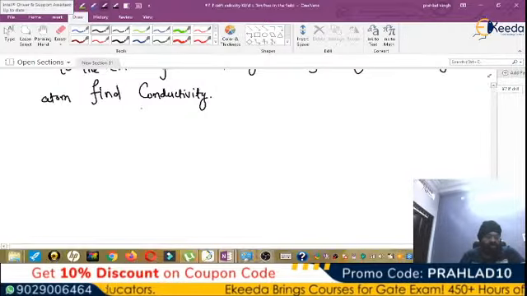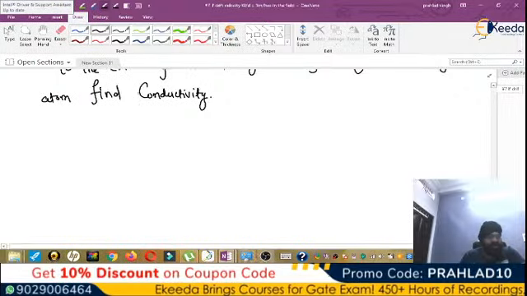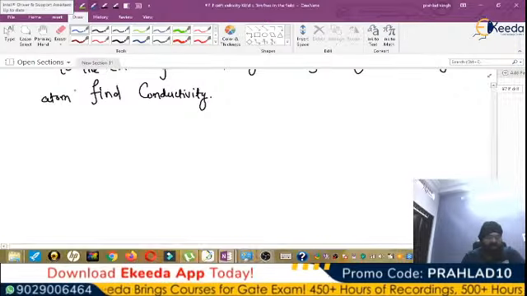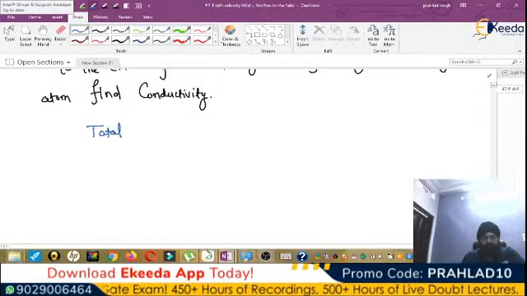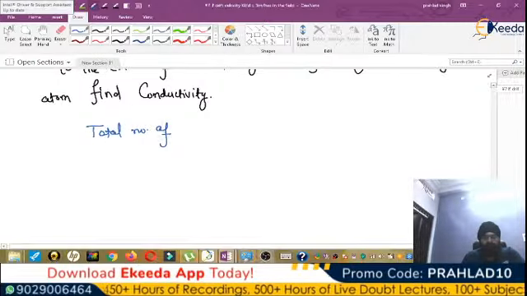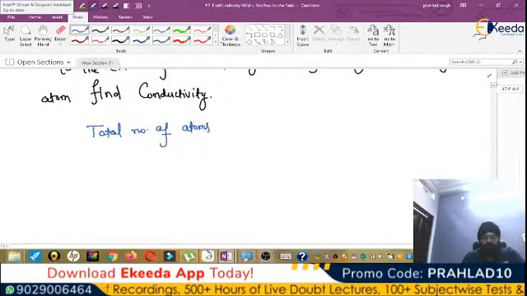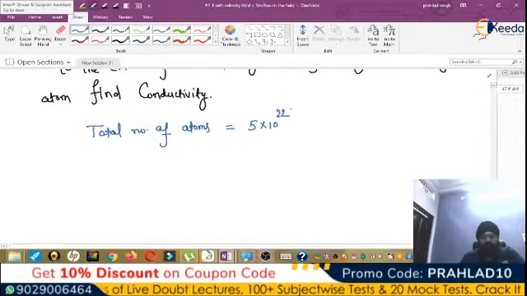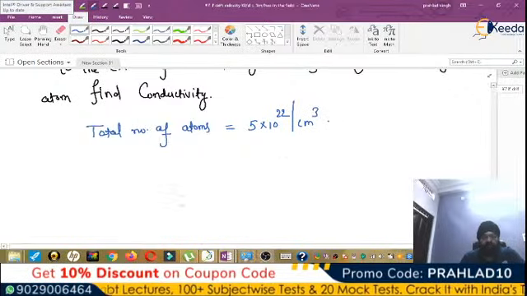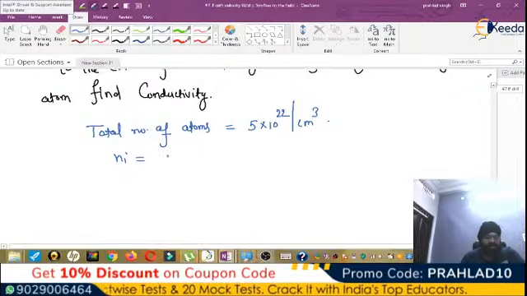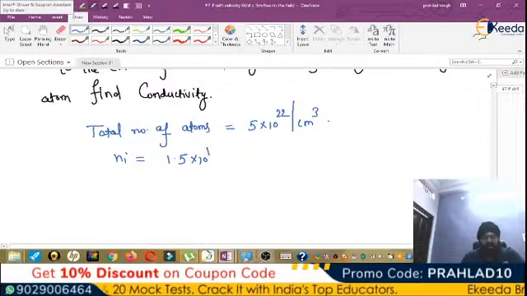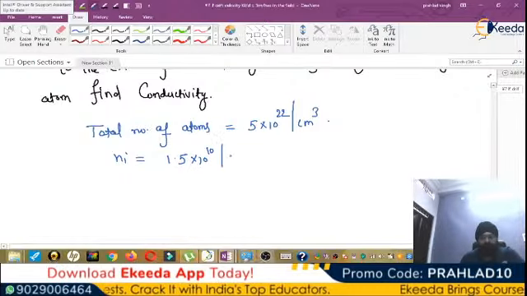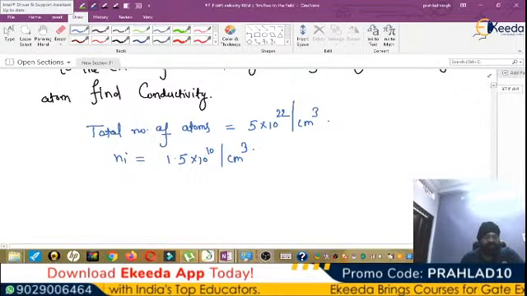Right? So the total number of atoms in the silicon is given as 5 into 10 to the power 22 per centimeter cube. And the intrinsic concentration is 1.5 into 10 to the power 10 per centimeter cube.